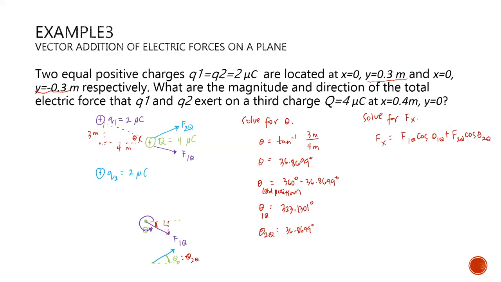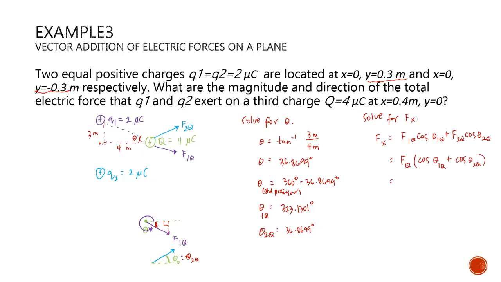We don't have yet the values for F sub 1Q and F sub 2Q. Basically they are equal, so we can just write that one time. F sub 1Q is equal to F sub 2Q, so let that be F sub Q, times the quantity cosine of theta sub 1Q. By the way, you can solve for F sub 1Q separately, or just incorporate it here.